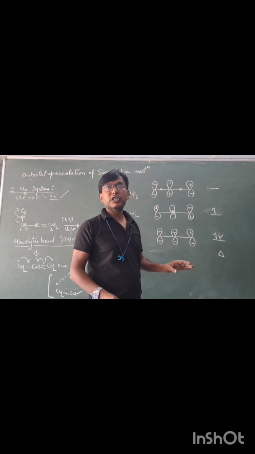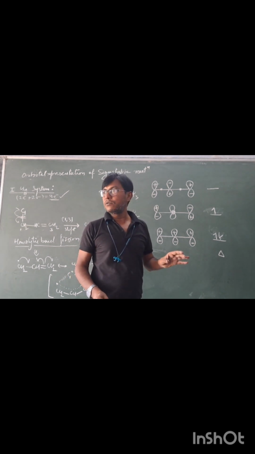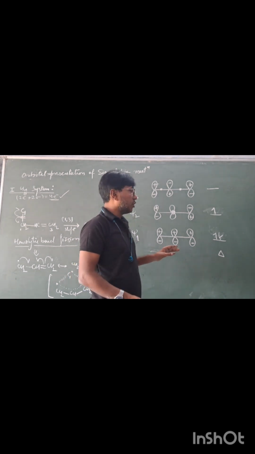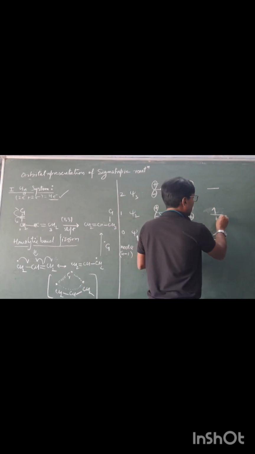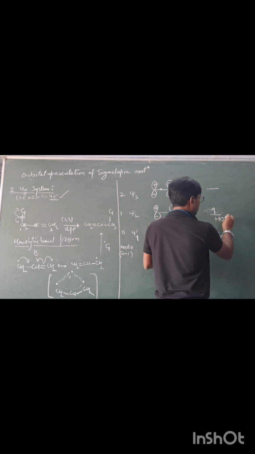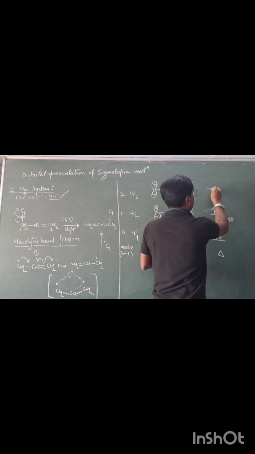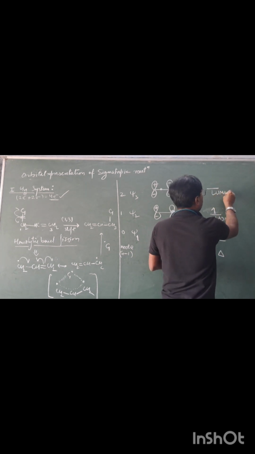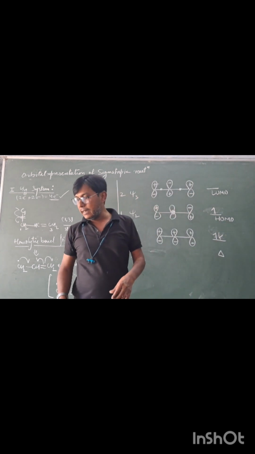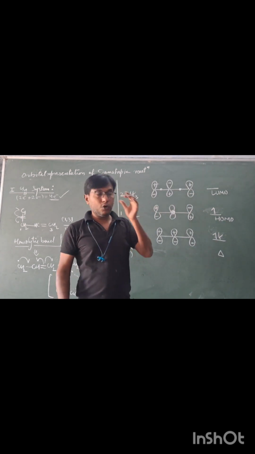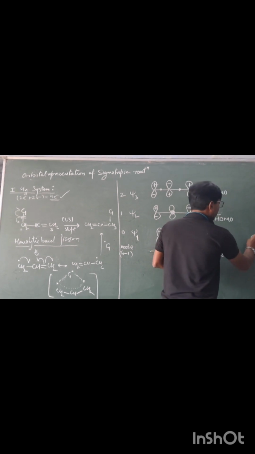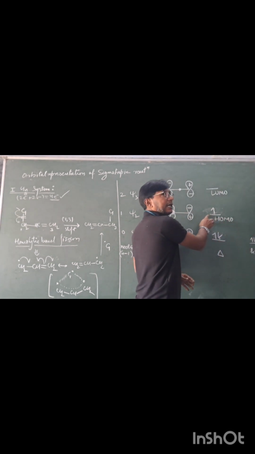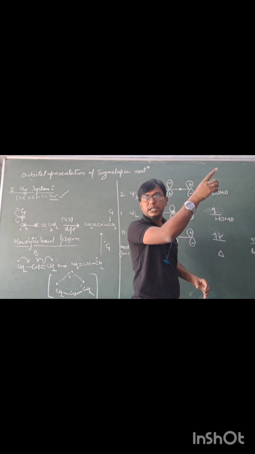Then we have to point out what is HOMO and what is LUMO. Highest occupied molecular orbital is HOMO, and this is LUMO, lowest unoccupied molecular orbital. And in photochemical conditions, what we do is we excite this electron to the next higher energy level.